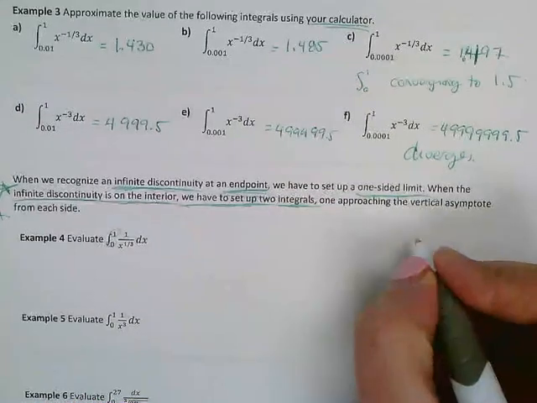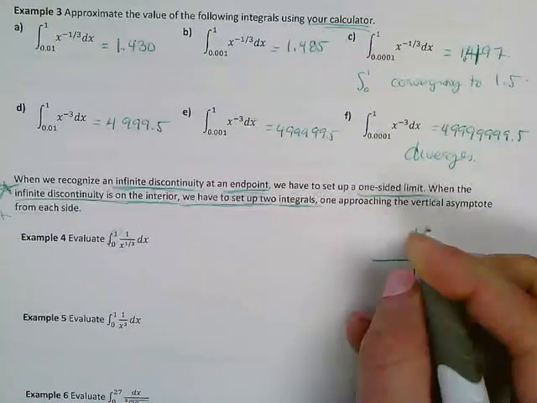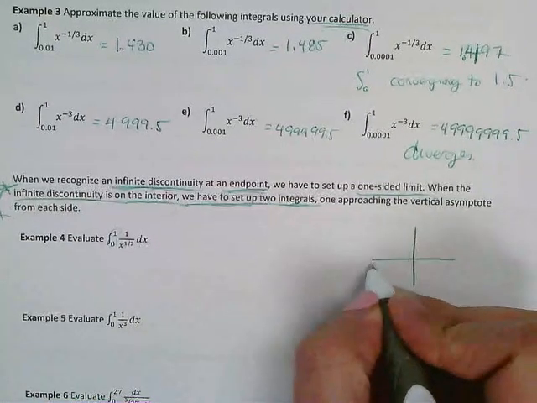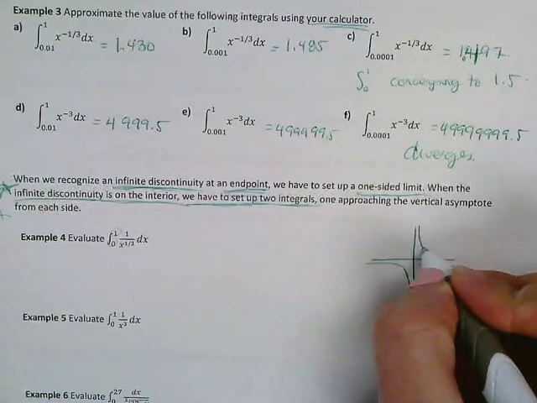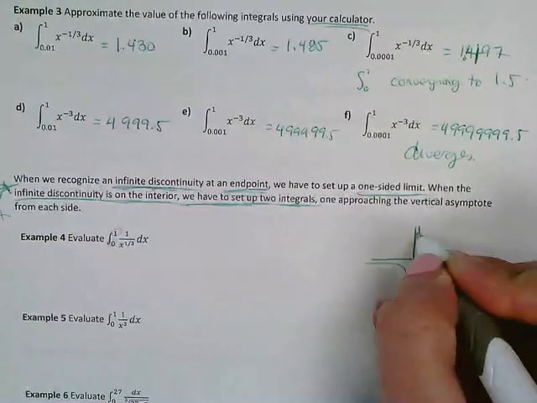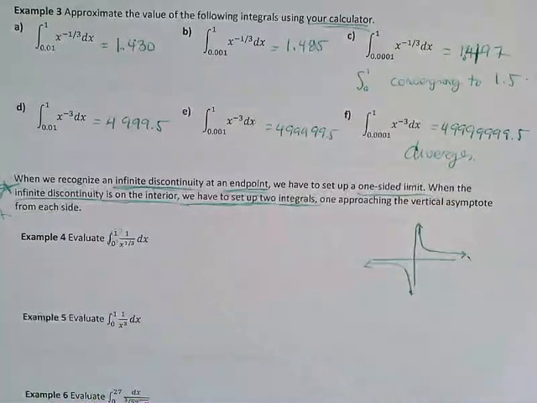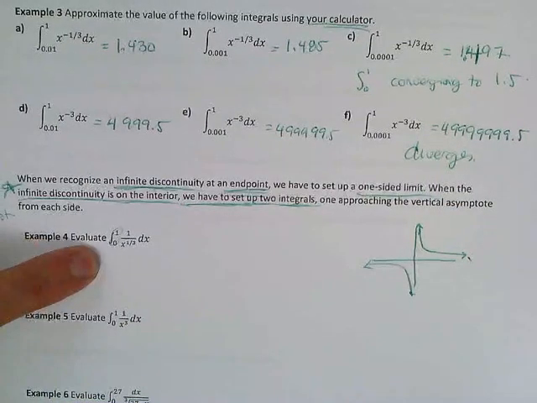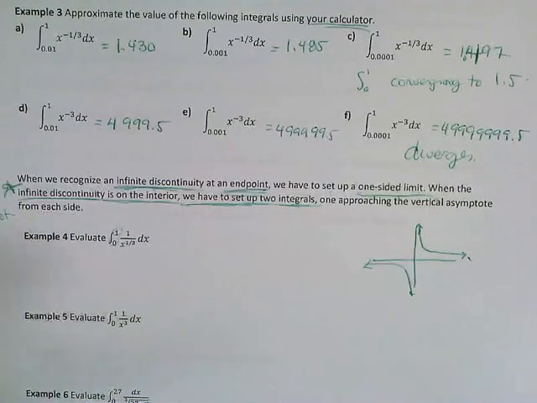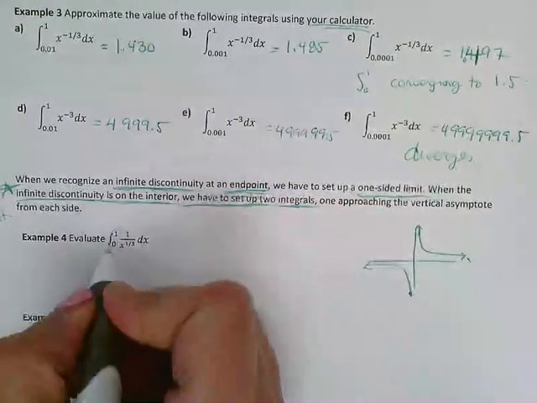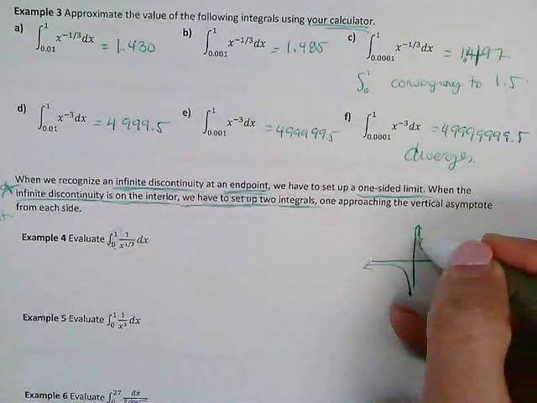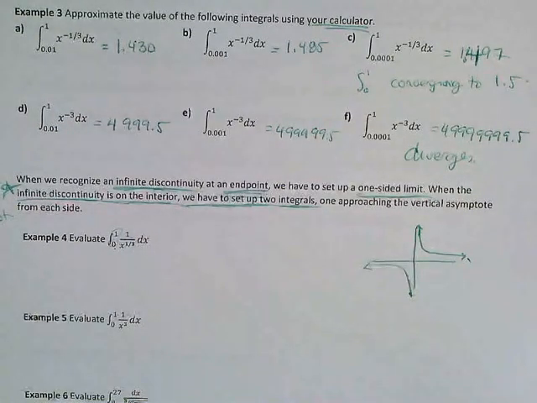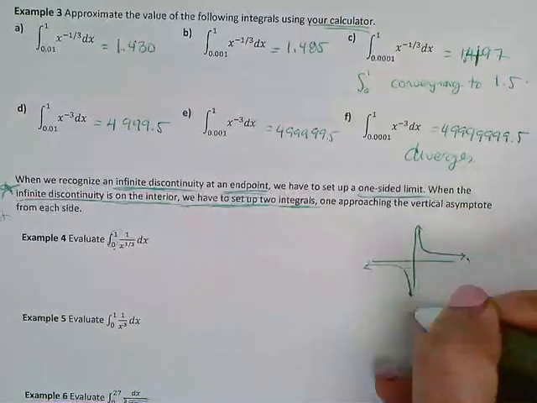I'm just going to draw it off to the side. Okay, it kind of starts off at negative infinity and it tapers down and then it picks up again up here and it goes off to positive infinity. But what's happening here is that this is telling us that we want to find the area of this function from 0 to 1. Now what do you notice is happening at 0?